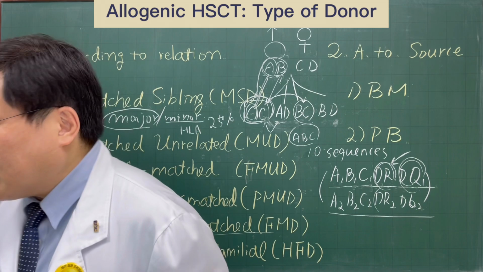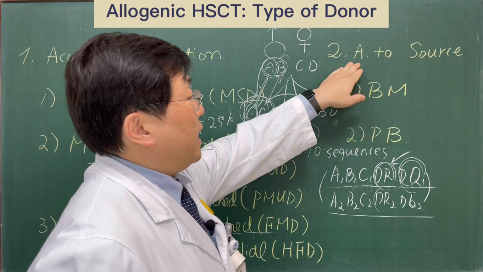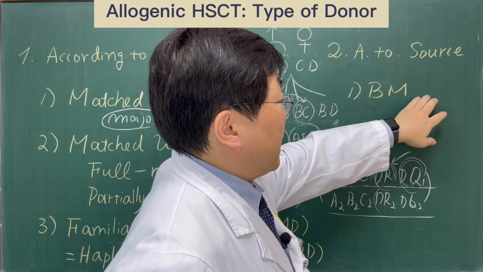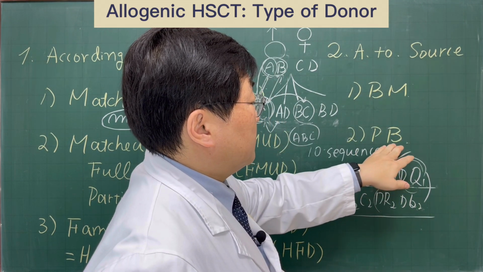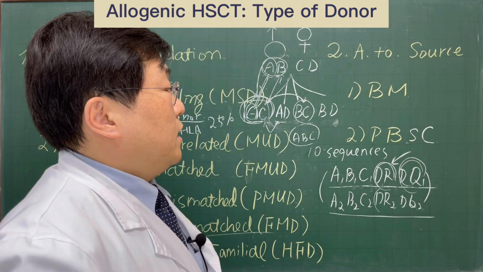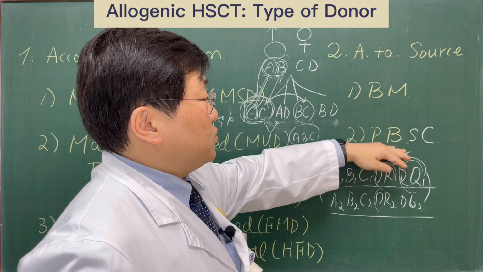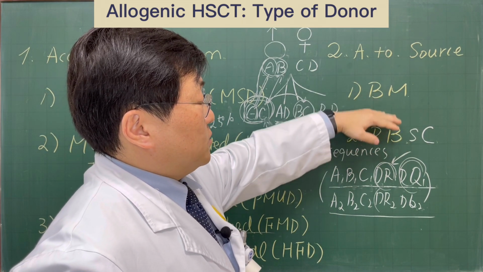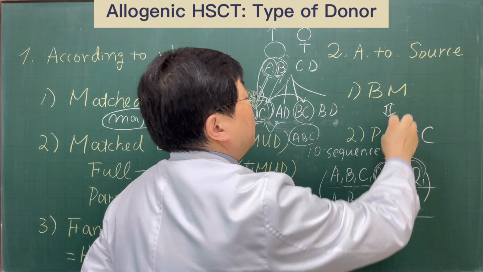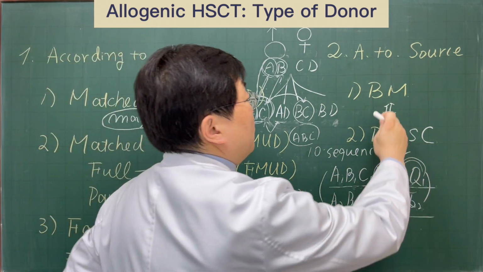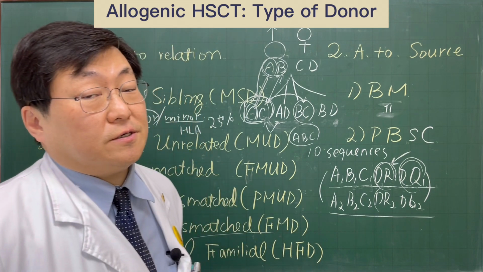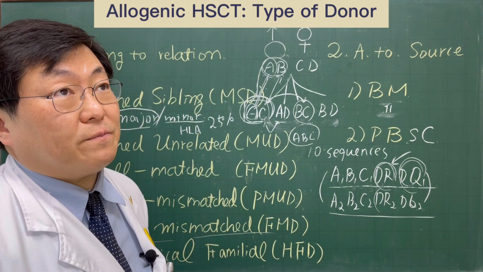And we can classify the donor type according to the source. We can use bone marrow stem cells from our donor candidate, and we can use peripheral blood stem cells from our donors. In all situations, these two kinds of stem cell sources give almost the same outcome, except for allogeneic stem cell transplantation for aplastic anemia.